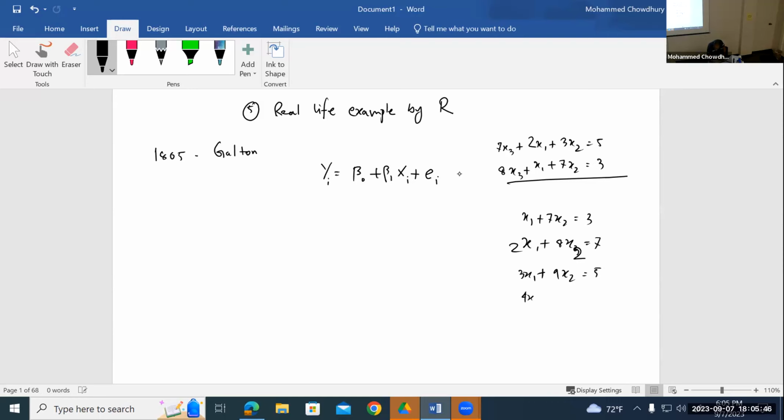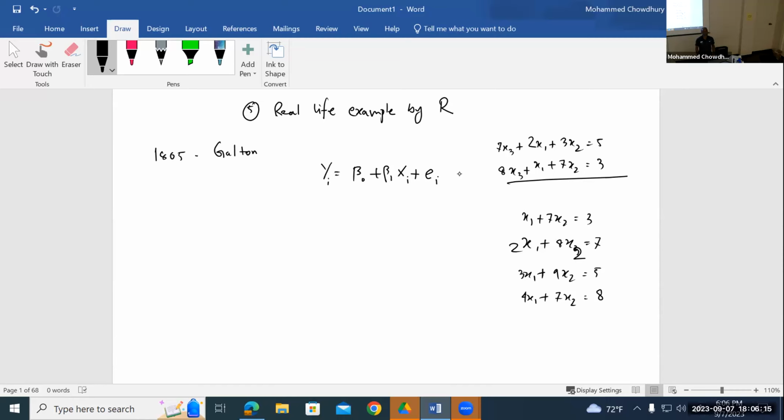And then 4x1 plus 7x2 equals 8. So how many equations are there now? And how many unknowns? I want to use all of these equations to estimate the unknowns. Are you understanding? I want to use all of these equations to estimate the unknowns.